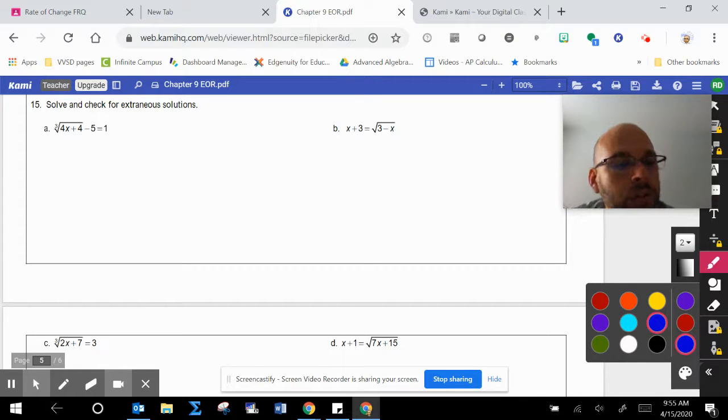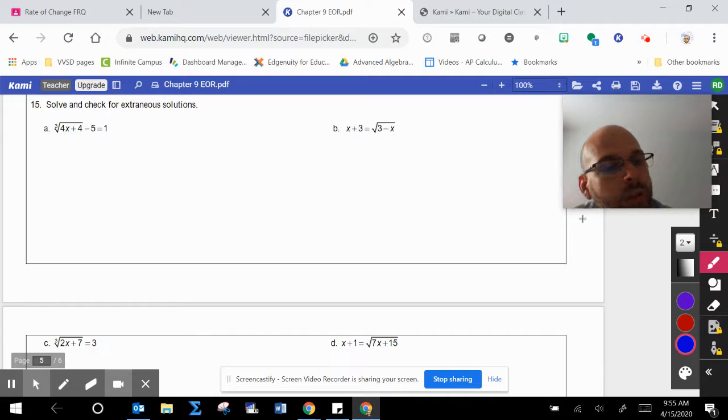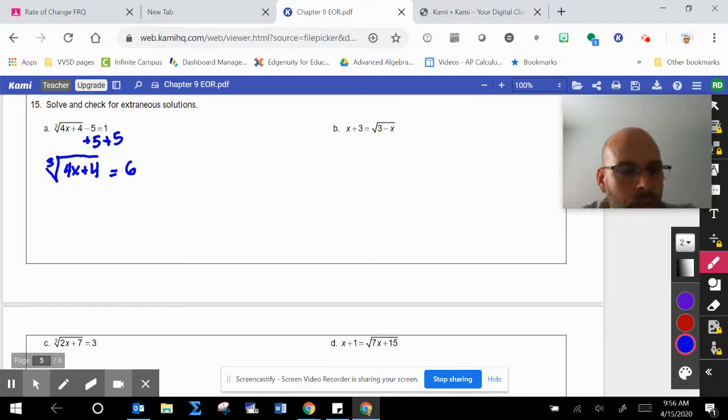So let's start with number 15a. I want to isolate the radical, the cube root, so I'm going to add 5 to both sides, which gives me the cube root of 4x plus 4 equals 6. Then I want to get rid of that cube root.